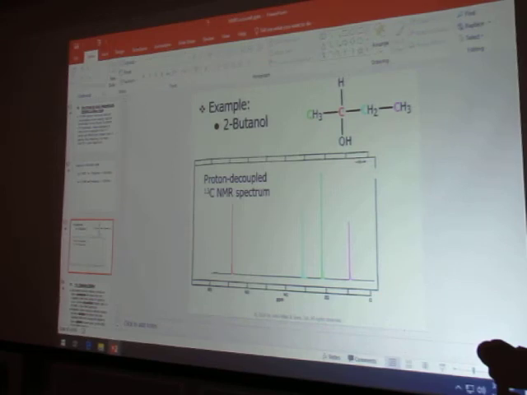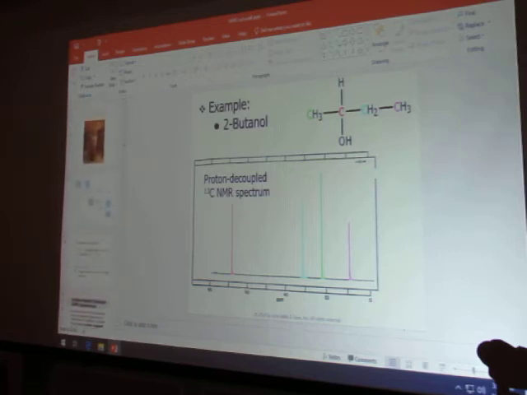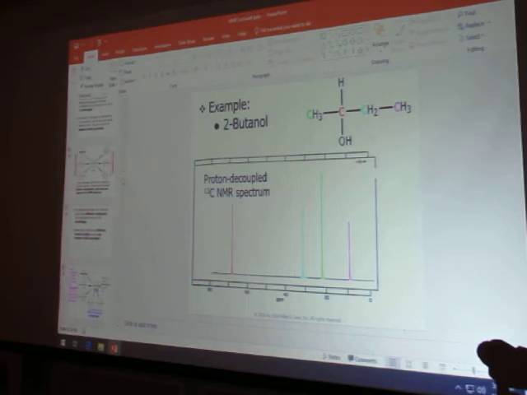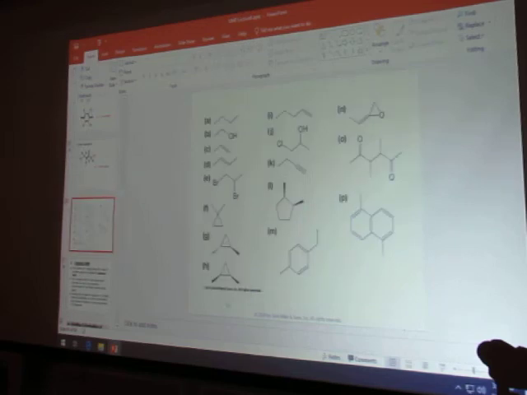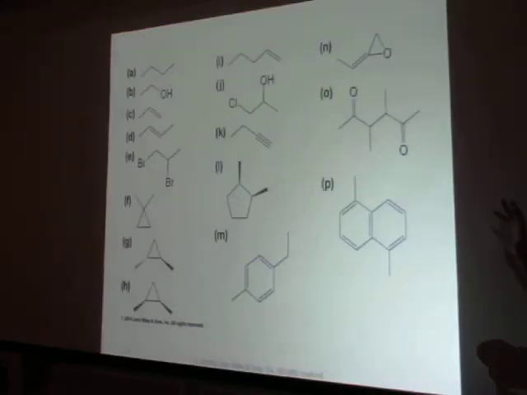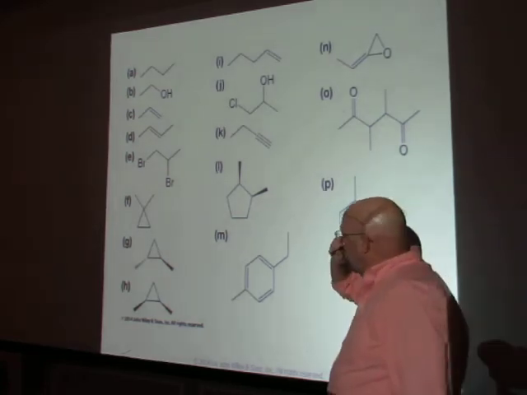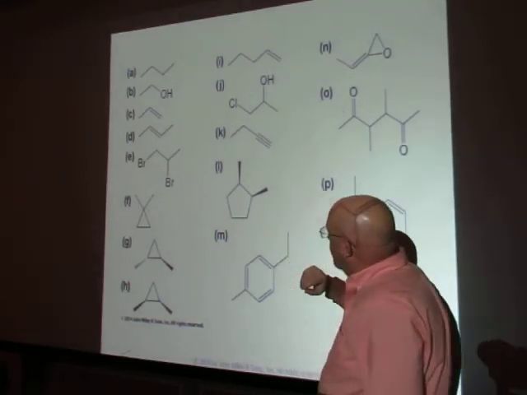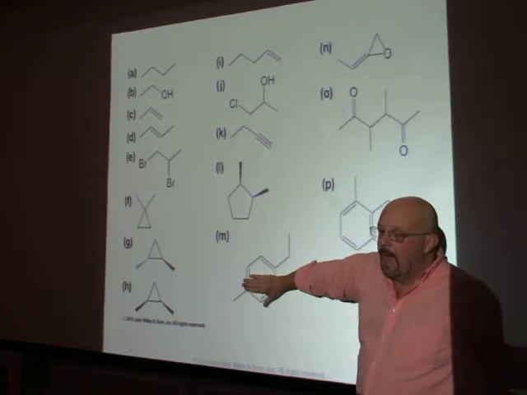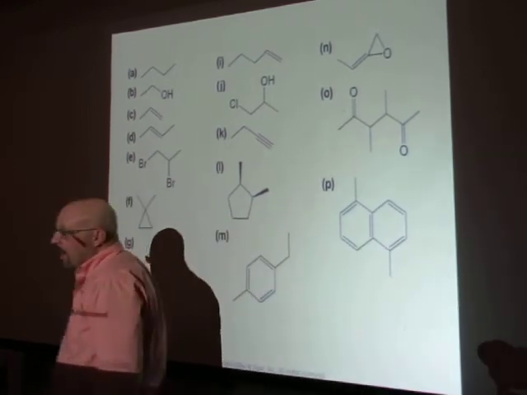Now, I'm going to just do a couple examples. Remember, we're looking at carbon now, so let's do M. How many carbon signals should I have for M?